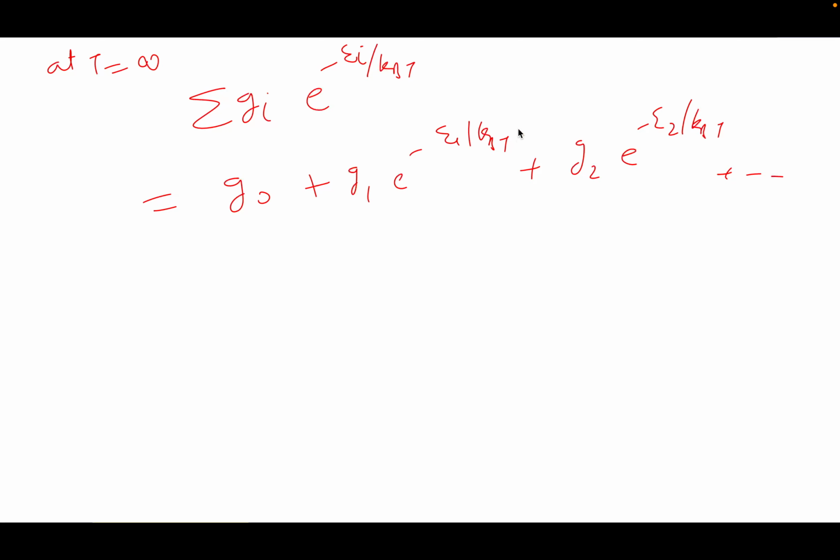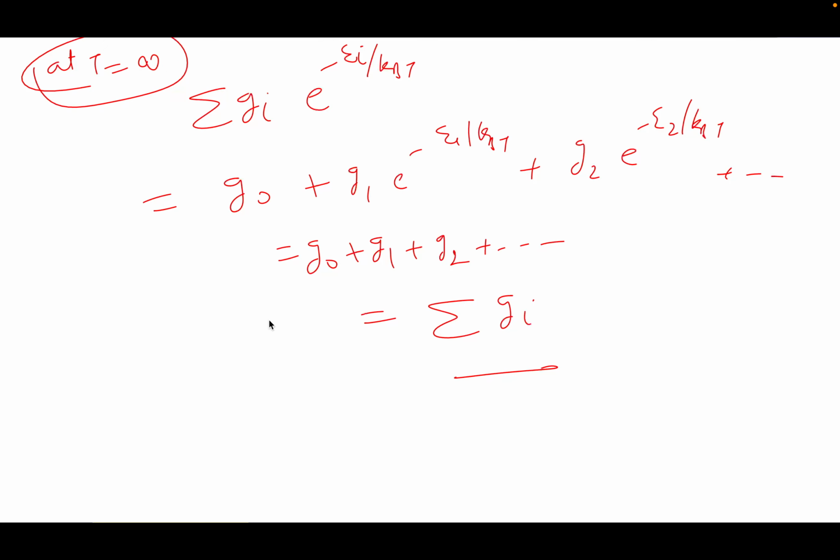Since the temperature is infinite, this is e to the power minus 0, and e to the power minus 0 is 1 over e to the power 0, which is 1. So this is g naught plus g1 plus g2 and so on, which is the summation of g_i. At infinite temperature, Q is the summation of the degeneracies.